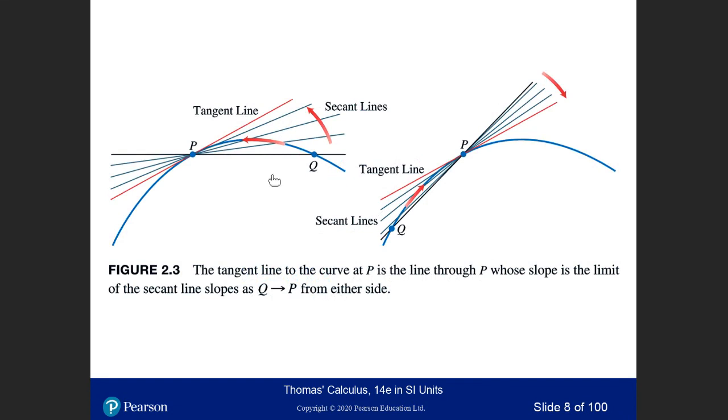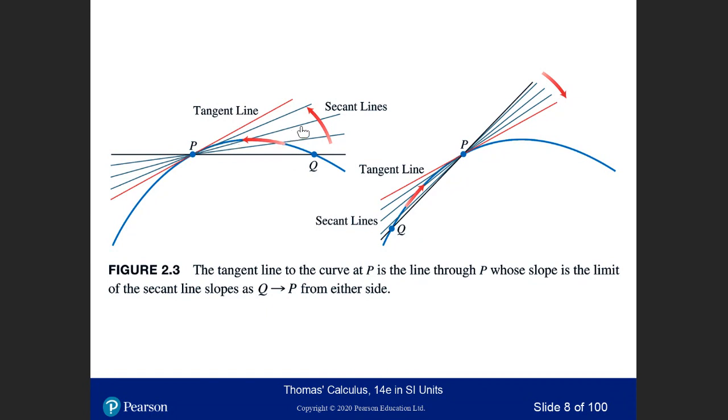y is equal to f of x. Between P and Q, you have this secant line. And so delta y over delta x for this line gives you the slope of the line. Now, if we move Q towards P, this is the same as taking h towards 0.